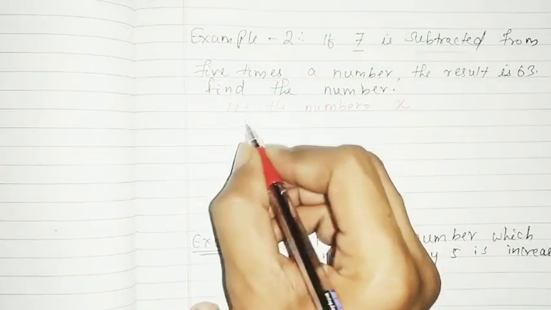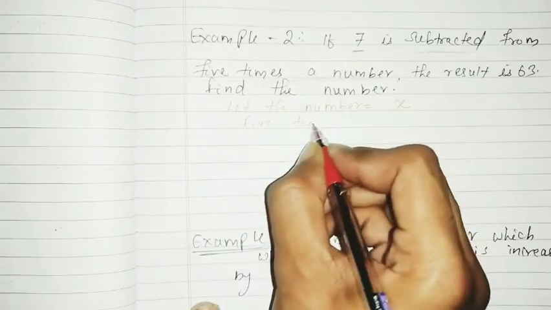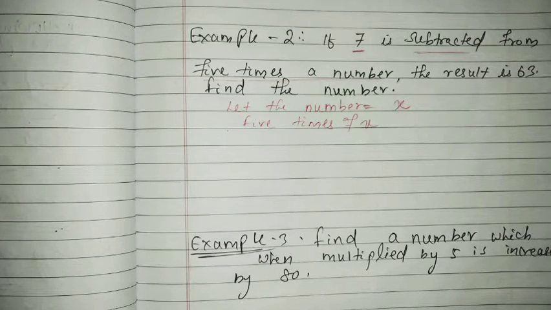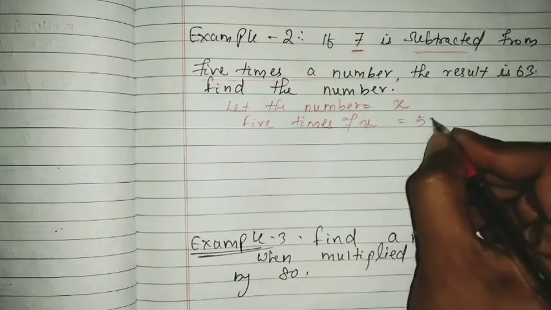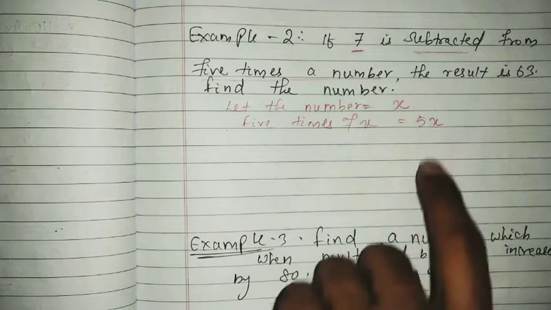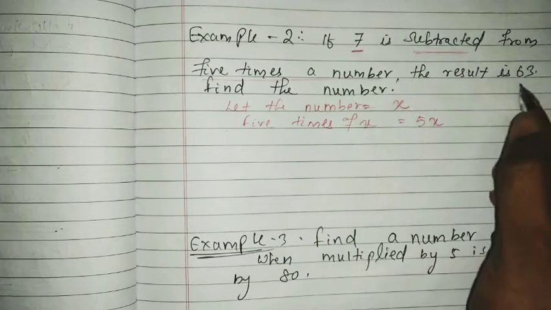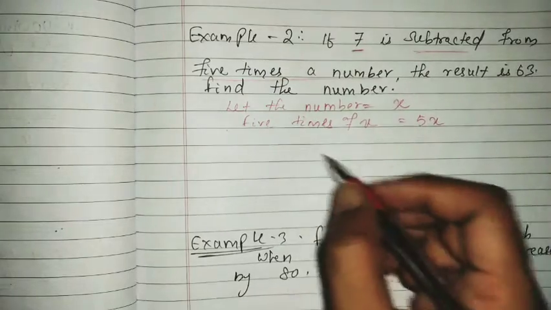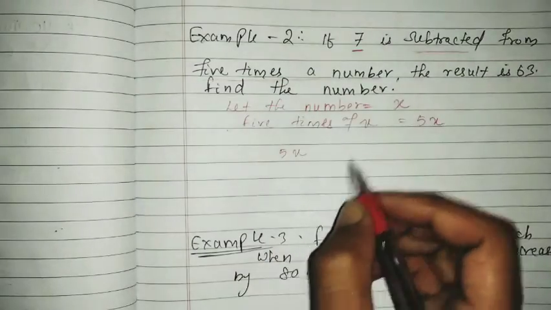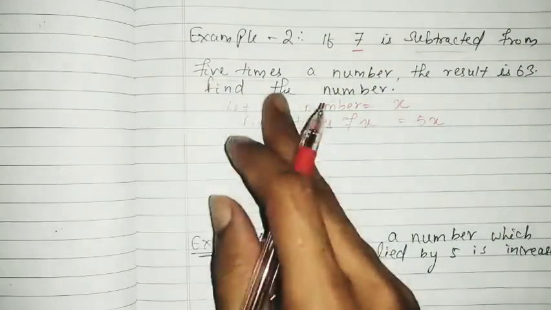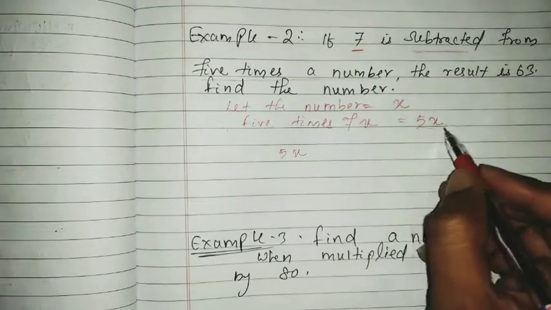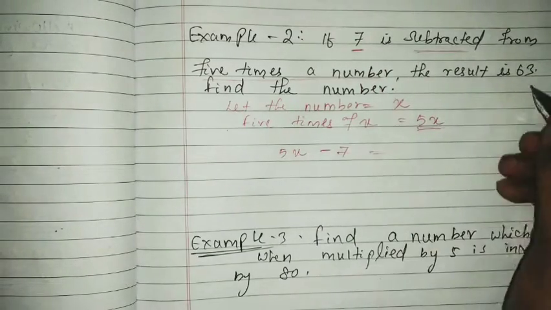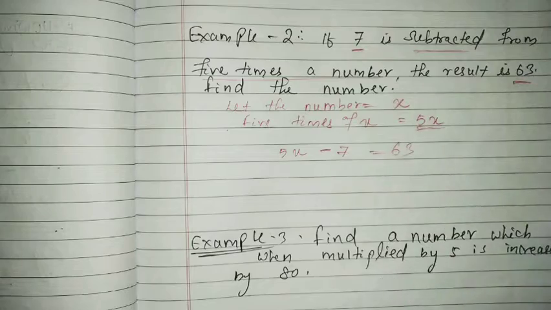So 5 times of x, that is 5x. The result is 63. 7 is subtracted from 5 times a number. 5 times the number means 5x, subtracted 7, so 5x minus 7, which gives you 63.